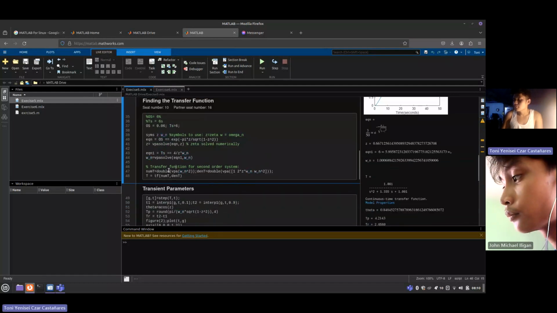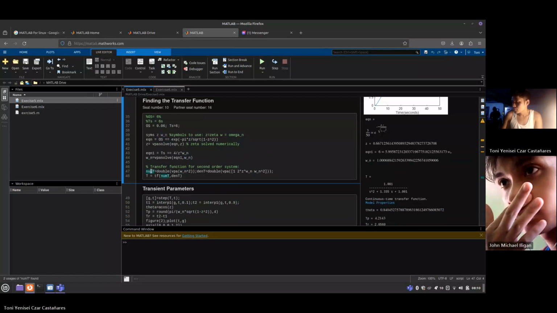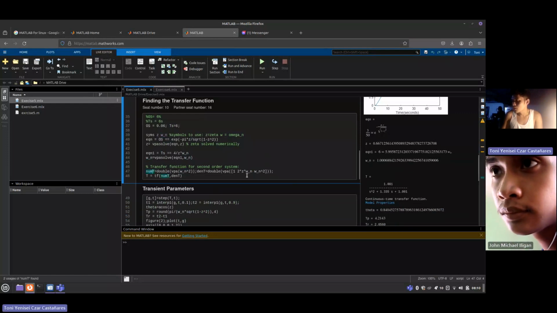So after that, we now proceed to the general transfer function equation for a second order system. And so what we get for this one is 1.001 all over s squared plus 1.335 s plus 1.001.